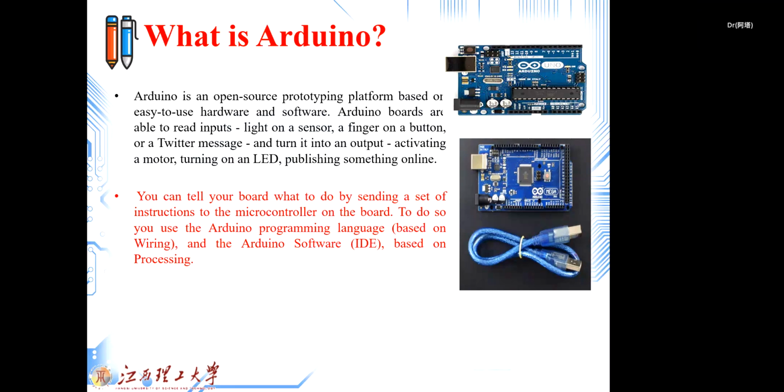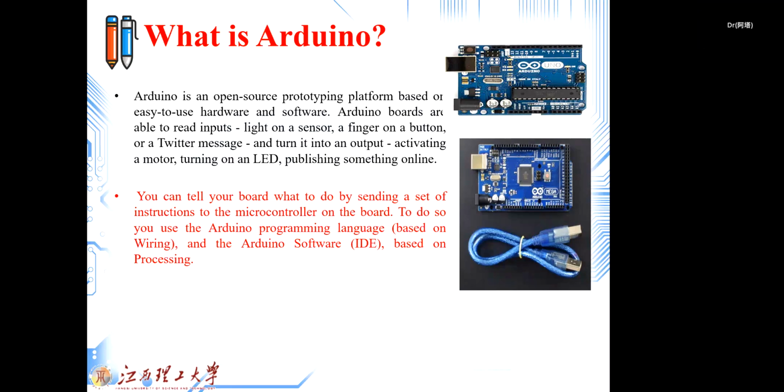These boards are able to read an input, such as light on a sensor, a finger on a button, or a Twitter message. Lots of nice things this board can do. And you can tell your board what to do by sending a set of instructions to the microcontroller on it.